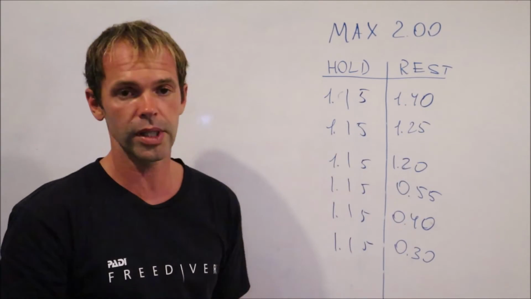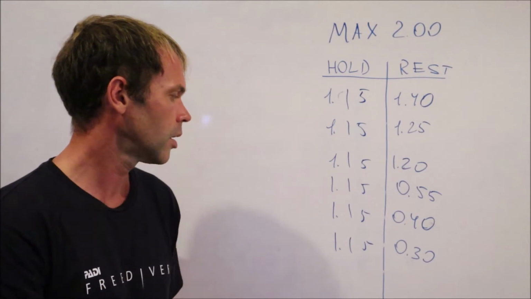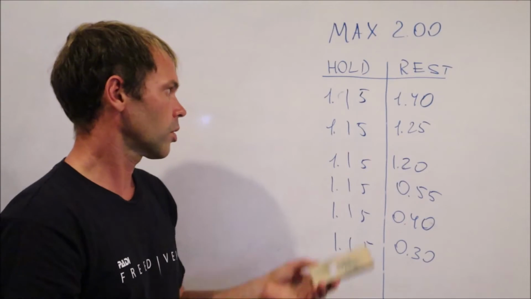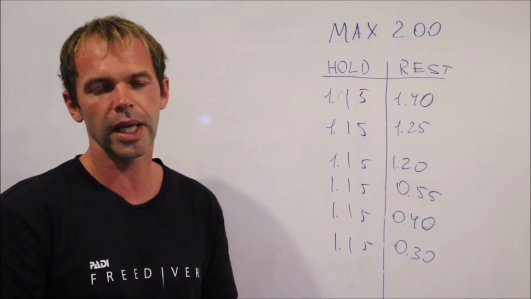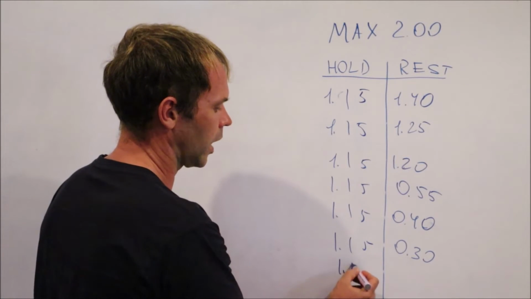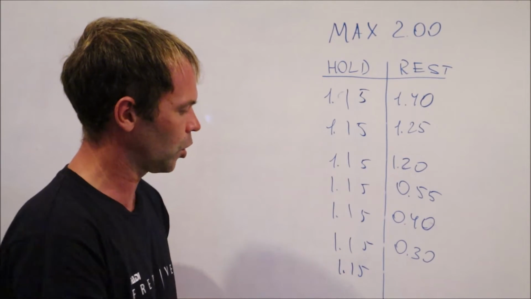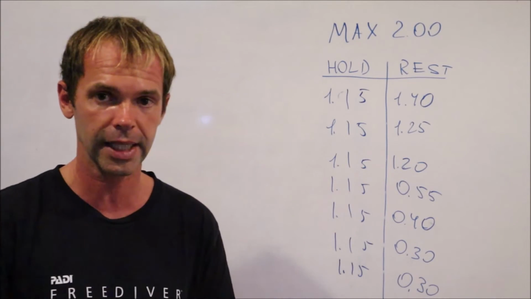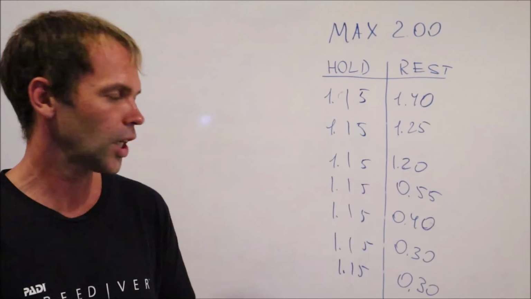You can decrease your recovery time. What next? You can increase the number of your breath holds. Here, as you can see, it is 6. You can do maybe 7 or even 8. So let's say you add 1 more, and now you make that recovery time 30 seconds as well. How can you increase further?